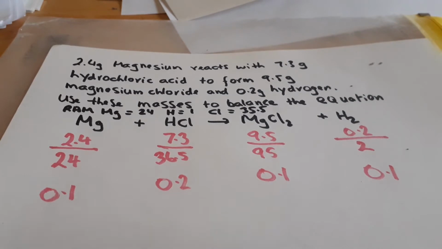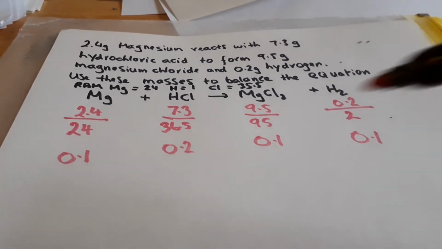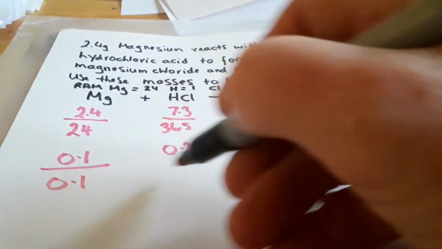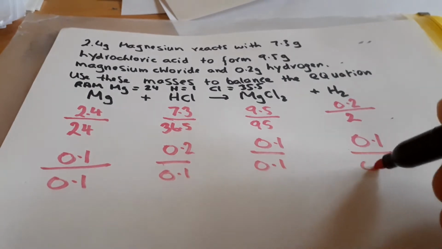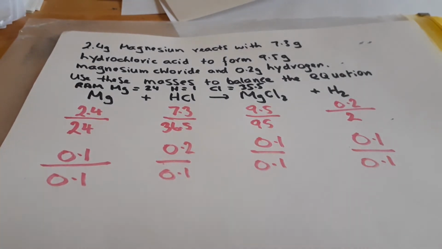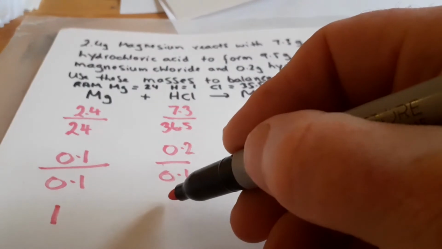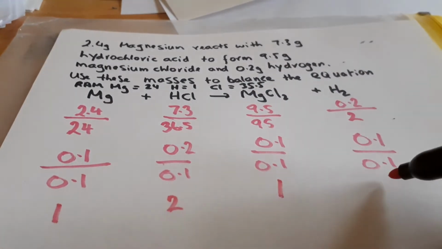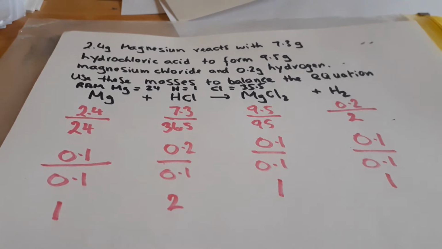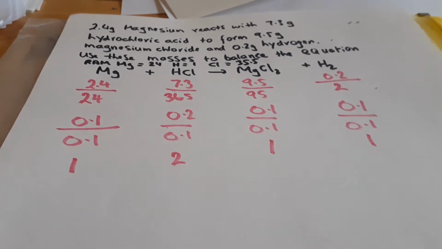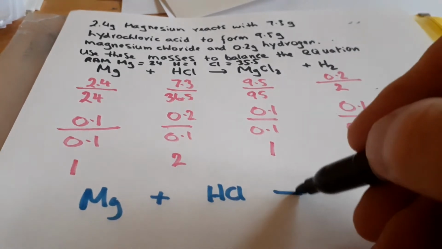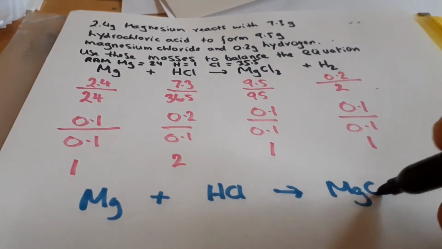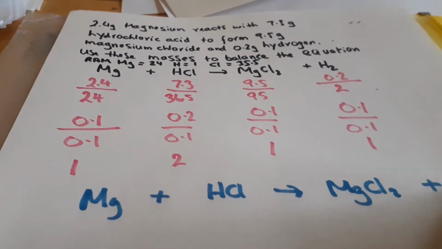So the smallest figure we've got is 0.1. So if we divide everything by 0.1, this will give us 1, 2, 1, 1. And where that shows in the equation will be like this. We've got magnesium plus HCl goes to magnesium chloride plus hydrogen.